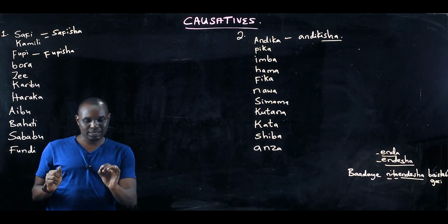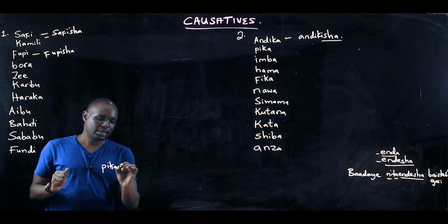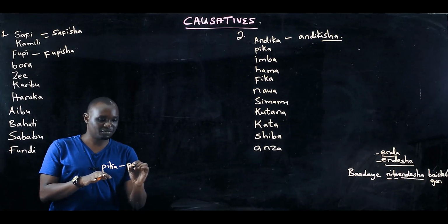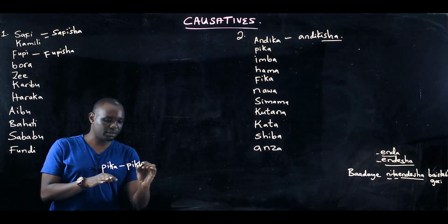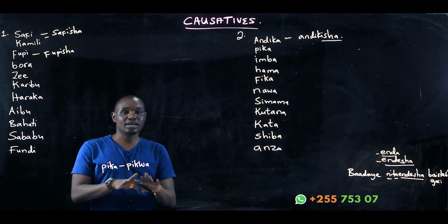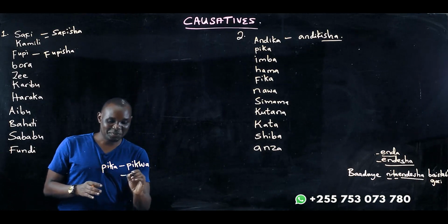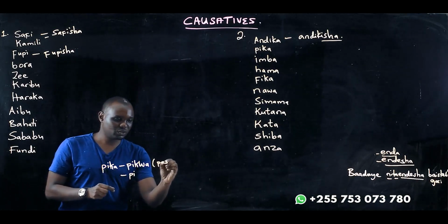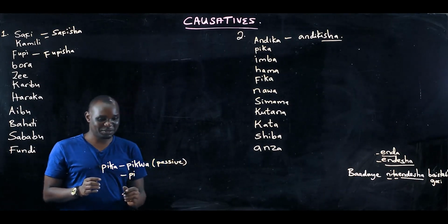You remember, we learned verbs like pika, but we learned passive. Passive was pikwa. Pika is to cook. Pikwa, to be cooked. This is passive. We learned this already in the high intermediate course.